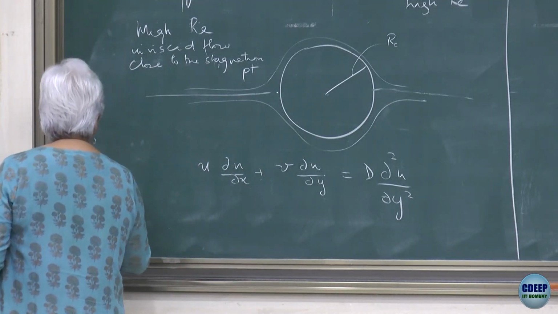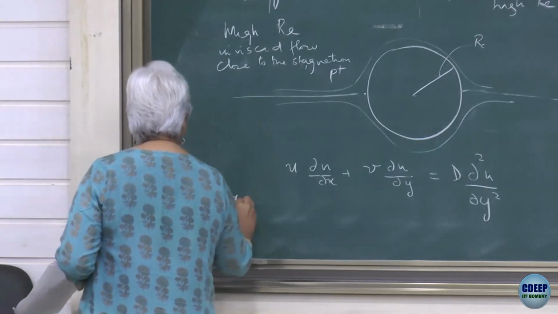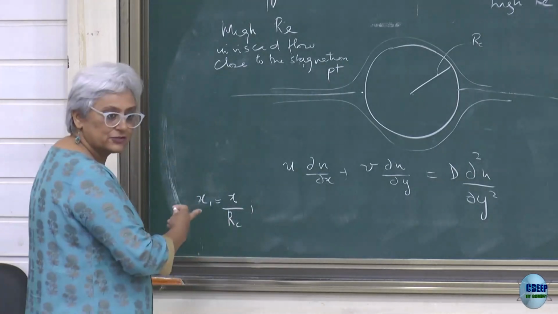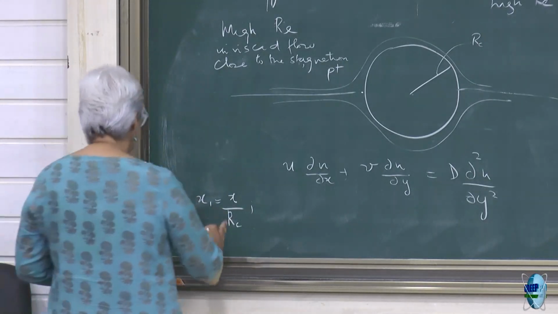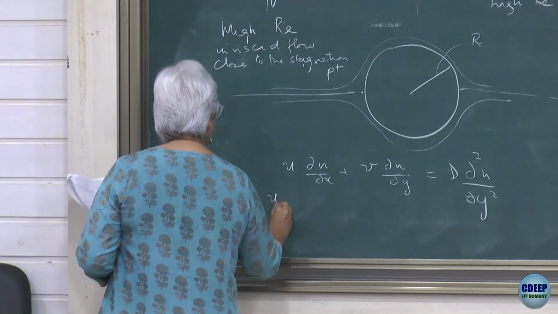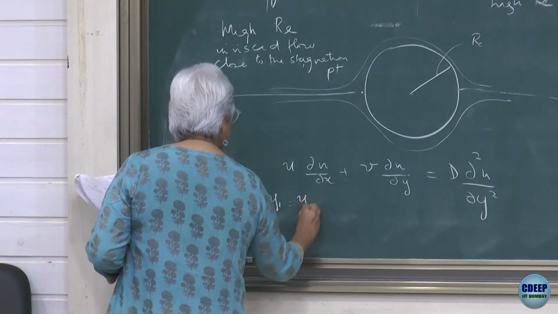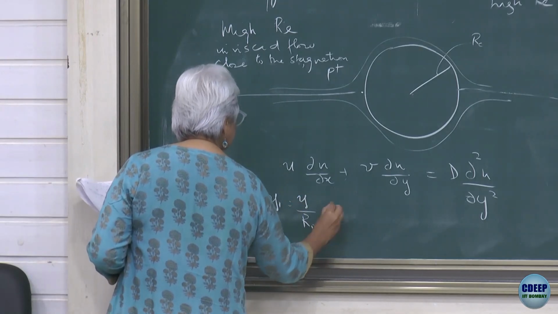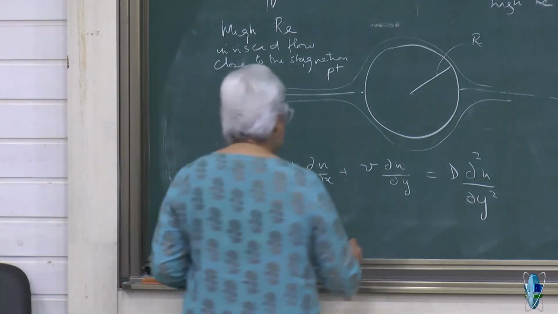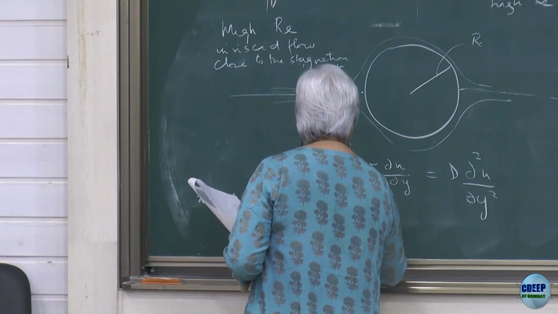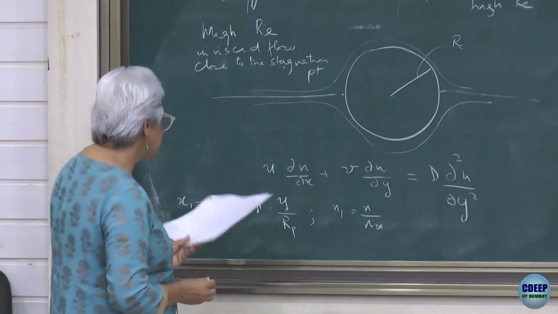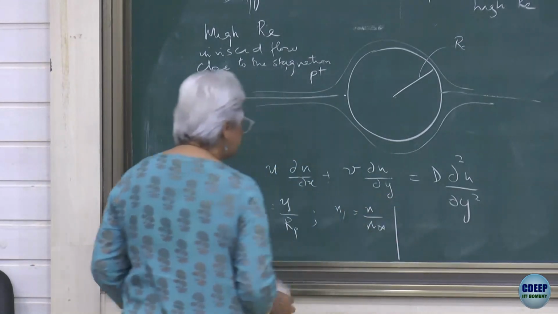We do our non-dimensionalizing once again in the x direction with respect to the cylinder characteristic length, in the y direction with respect to the particle characteristic length, R_p, just like we did last time, and n1 is n by n infinity with the particular boundary conditions same as last time.